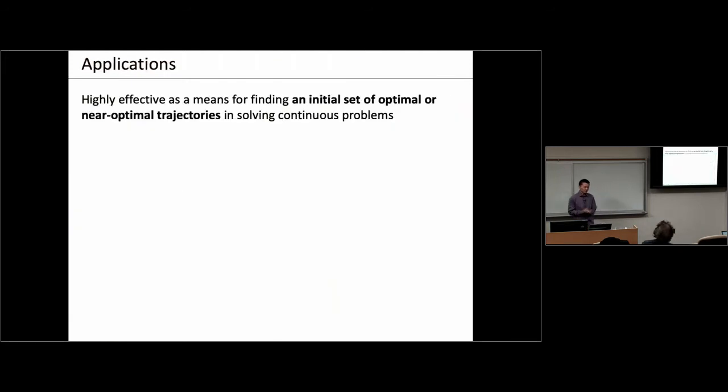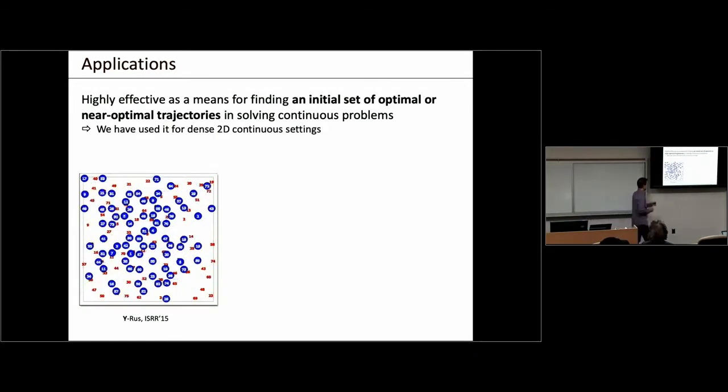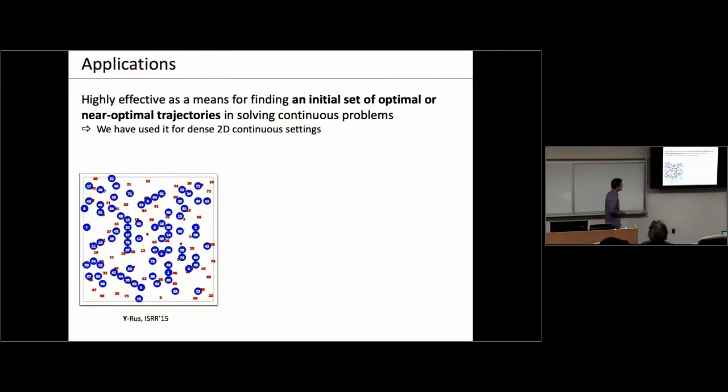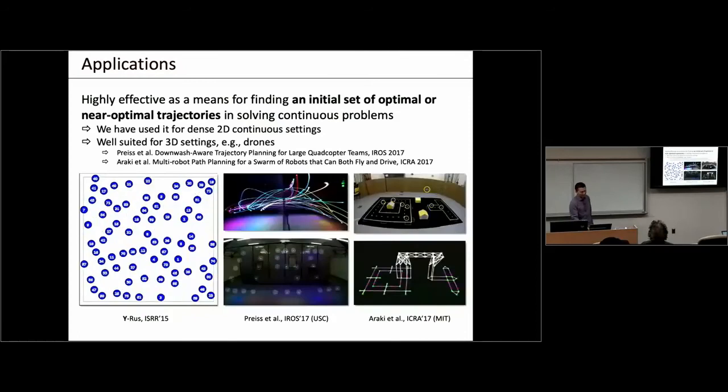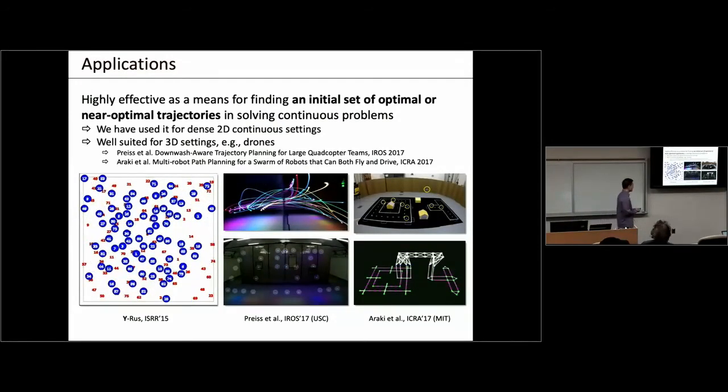Okay, so it turns out that the method is also very effective as a means for finding an initial set of optimal or near optimal solutions for solving continuous problems. We have used this ourselves to attack the two-dimensional routing of a lot of robots in the continuous domain. And we actually have people picking up our work from USC and MIT.